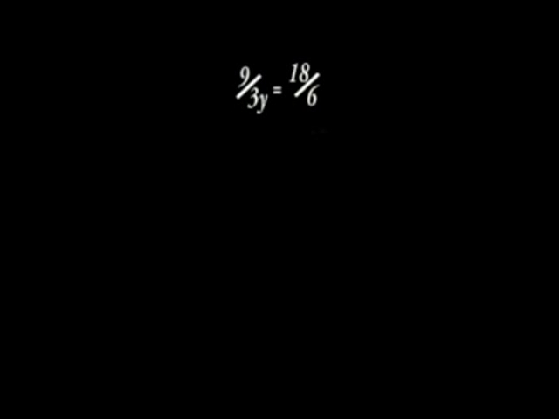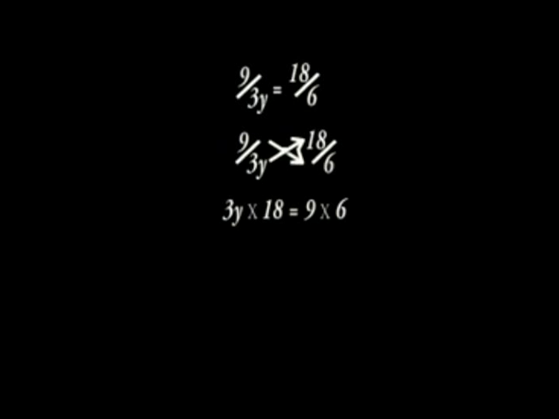Next, 9 over 3y is equal to 18 over 6. 3y times 18 is equal to 9 times 6. 54y is equal to 54 and y is 1.